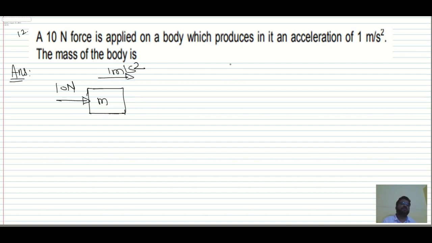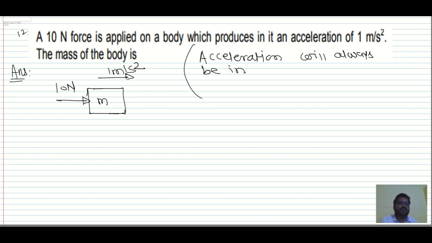And do remember, this is a very important point, acceleration will always be in the greater force direction. This is very important.